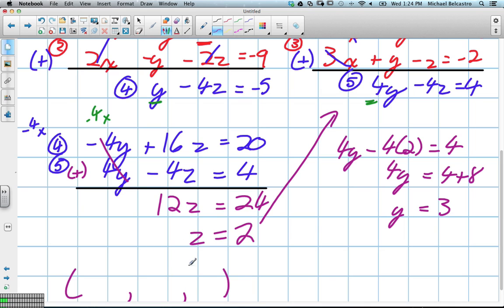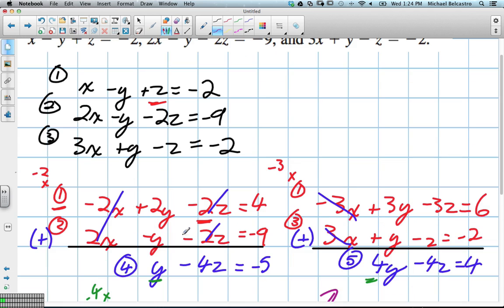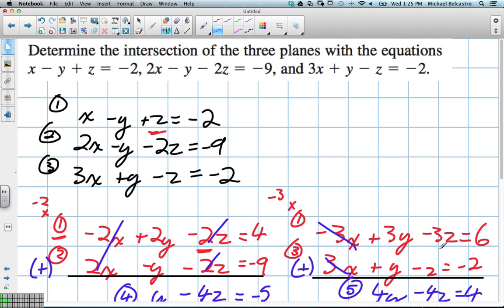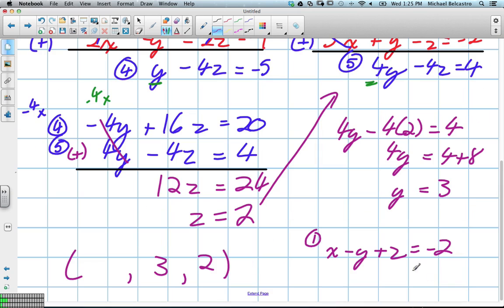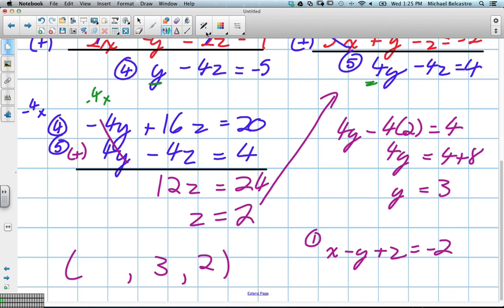So we have a z of 2, y of 3, and we're going to plug into one of the original equations, x minus y plus z. That's our equation 1. X minus y plus z equals, I think, -2. So we have a value for y and a value for z.